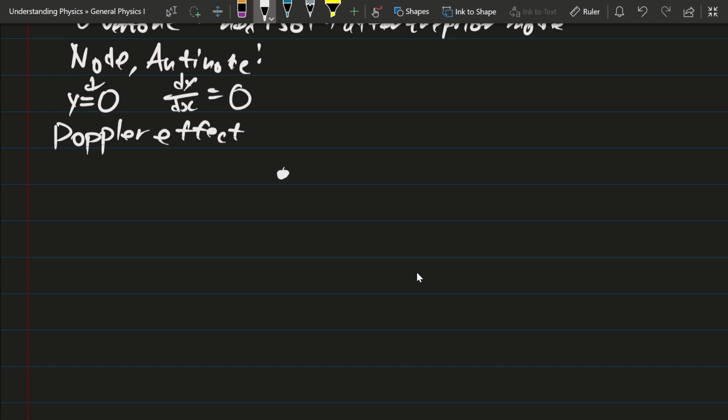So let's just state that this is you and then this is the object. The object is going towards you. So let's just state that it moves at a certain velocity u, and the speed of the wave will be v. So here's the thing. Let's just draw something like this.